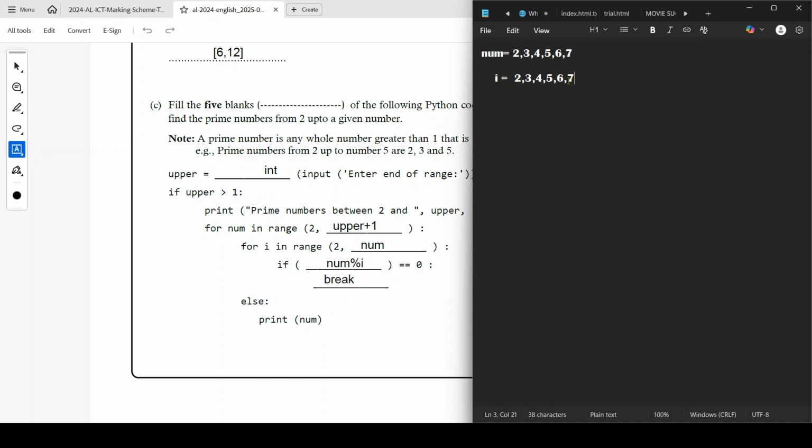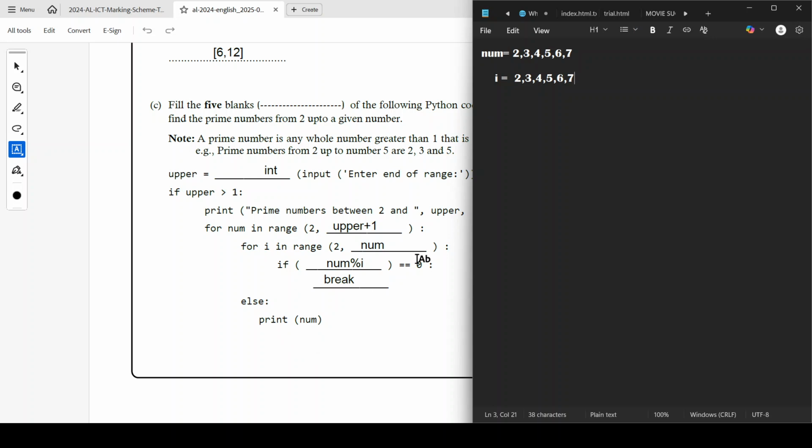Itself won't be counted. Sorry, what are the smaller numbers? 2, 3, 4, 5 only, right? So it is going to divide by 2 and 3, the mod is 0, so it will break. Going to the next number, 7: divided by 2, the mod is 1 only, so it will print.